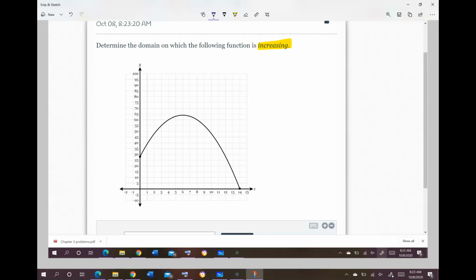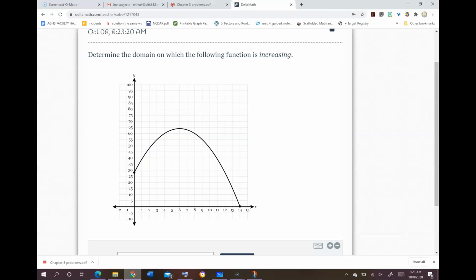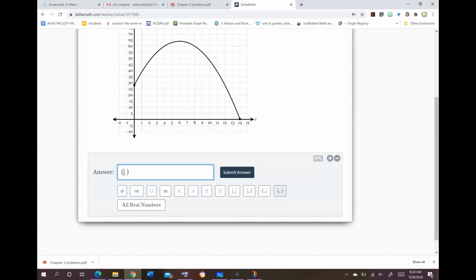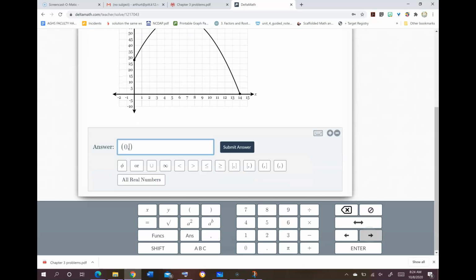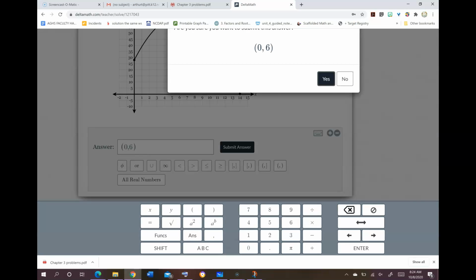Well, I'm going up the hill right here, like the little engine that could, chugga, chugga. It increases to 6, and see the dot? The dot means it starts at 0. So I increase from 0 to 6, and we do our parentheses.